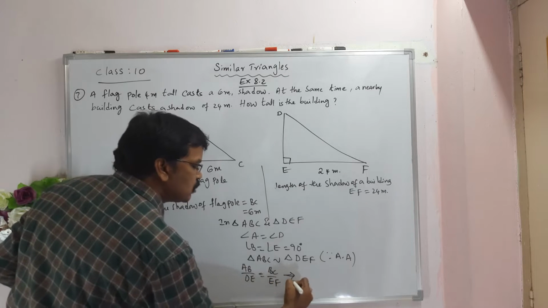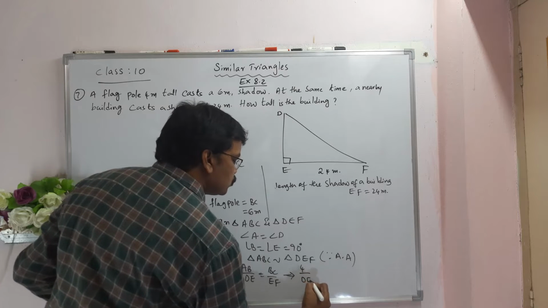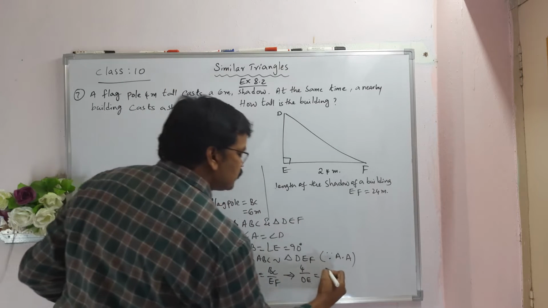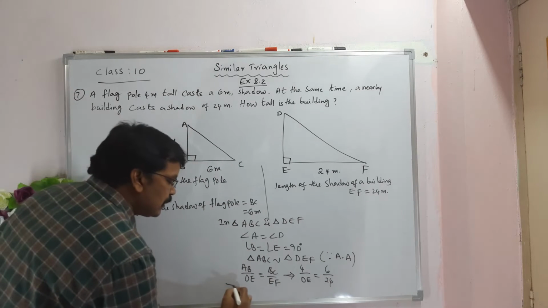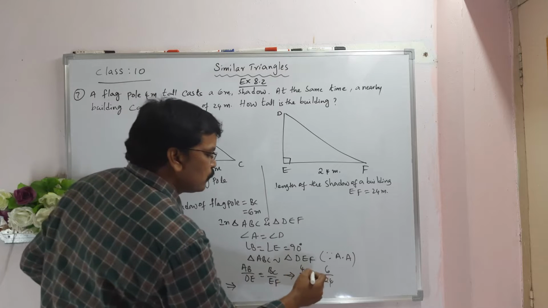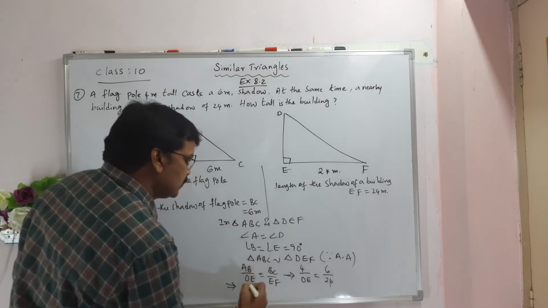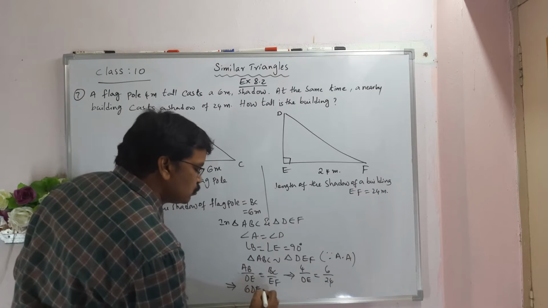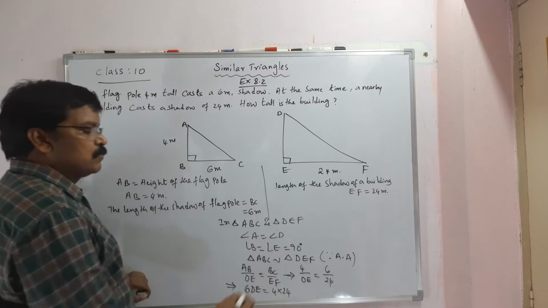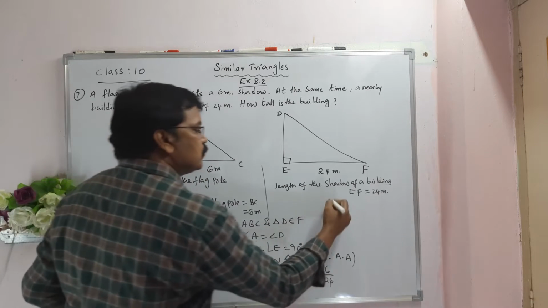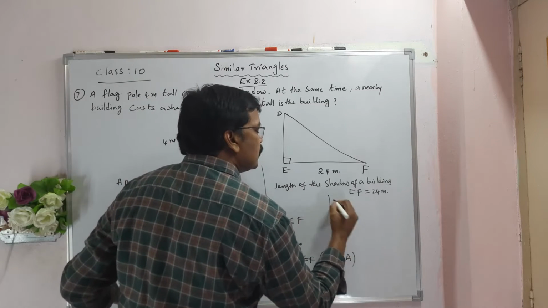Let us substitute now. AB is 4, so 4 by DE is equal to 6 by 24. By cross multiplication, 6 DE is equal to 4 times 24. Now we want DE, that means the height of the building.